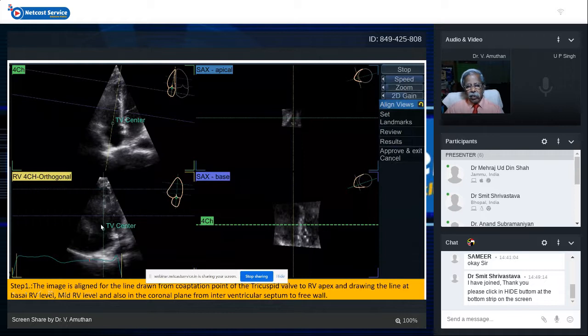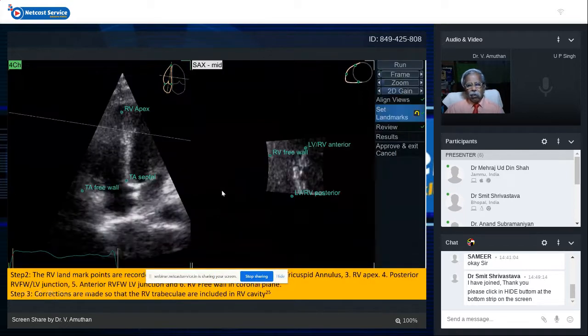You can see here it is placed over the center in the 4-chamber view, then in the RV 4-chamber orthogonal view, and then you have to place the landmarks. Second point is place the landmarks. That is the tricuspid annular free wall, annular septal, then the RV apex. 3 important things.